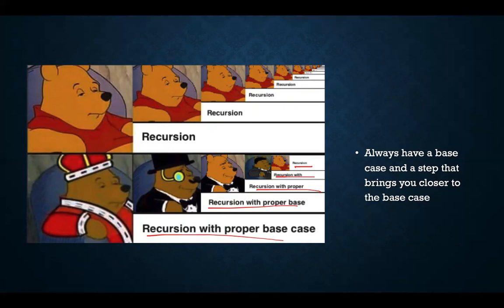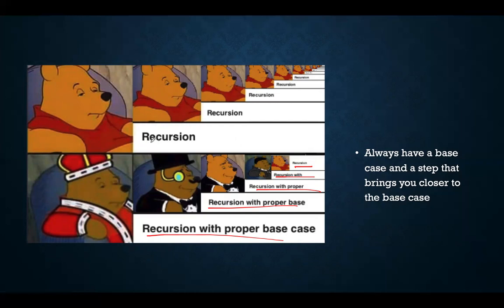Whenever we reach the base case, we will stop. We will not have an infinite loop. We will not have infinite recursion. So we want to have a correctly defined base case and a correctly defined recurrence relation so that we can eventually reach the base case. If you don't have a correct base case, or you don't establish a good recurrence relation, you will have infinite recursion, just like the picture described above.